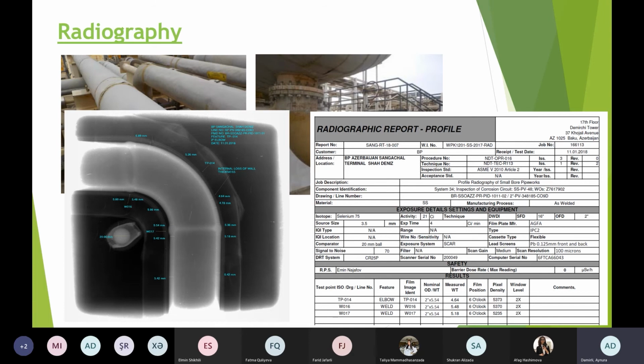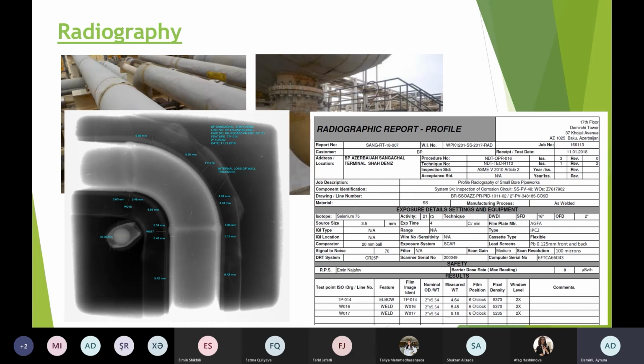This is the nominal wall thickness, and here is numbering of what's measured at each point. Here we put all parameters for this piping. For example, if 6.5 millimeter is nominal, that must be 6.5, and we check what was actually measured versus the nominal. This is the reporting format.